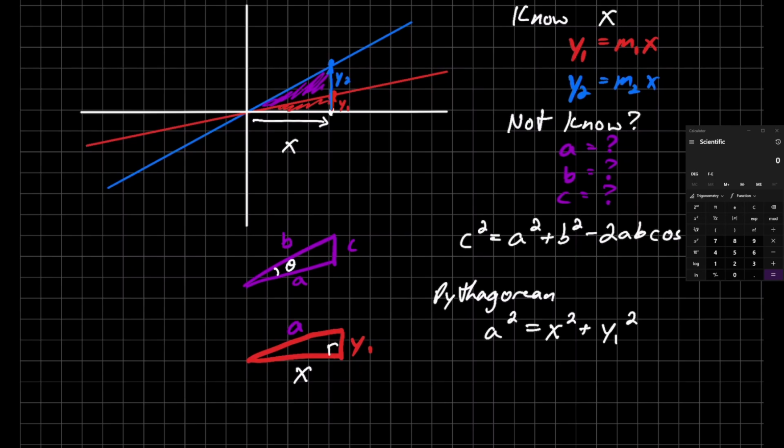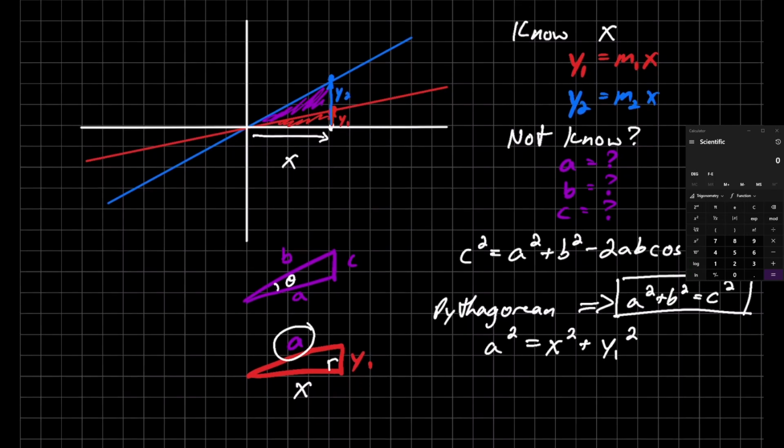Now you might remember the Pythagorean theorem as a squared plus b squared is equal to c squared, relating two of the legs of the triangle to the hypotenuse, where c is the hypotenuse. But in this case, we've already labeled a as our hypotenuse for this triangle, so we just have to make sure that we've used the correct variables in the correct positions for that relationship.